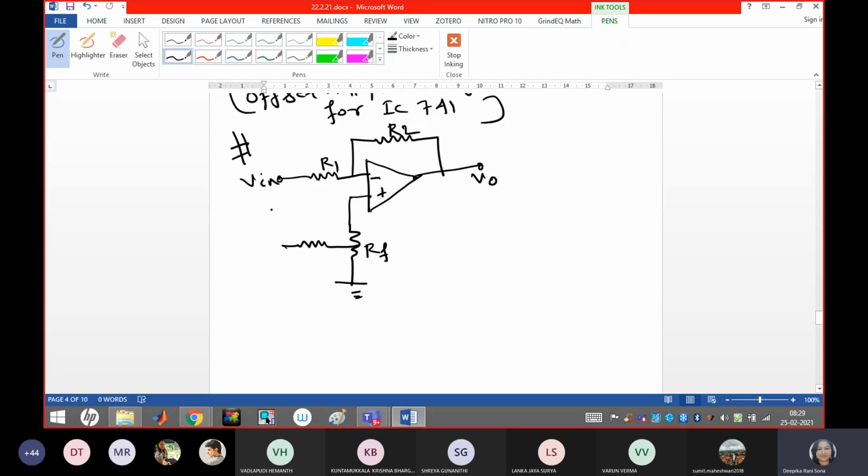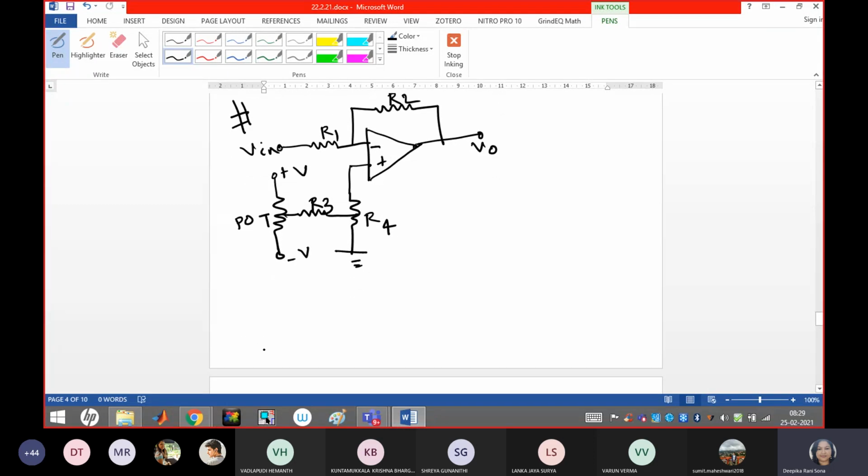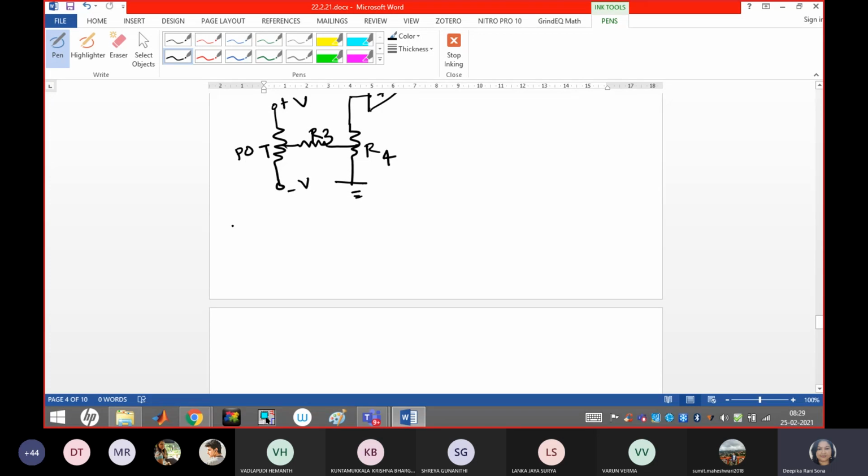Suppose plus V, minus V, and here we may use the potentiometer. Suppose this is R4, this is R3. Okay guys, then the last parameter for the DC characteristic is thermal drift.